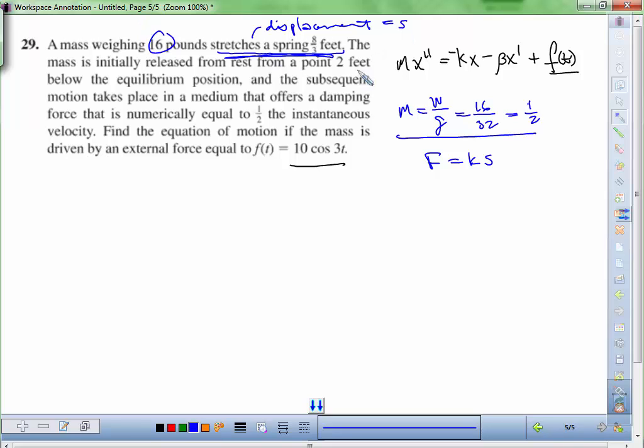So to find our spring constant, we need to set 16 equal to K times S, which is 8/3. And that'll help us find our K. So K is equal to, in this case, 6. Nice number.